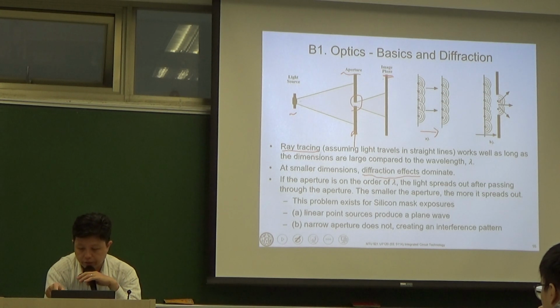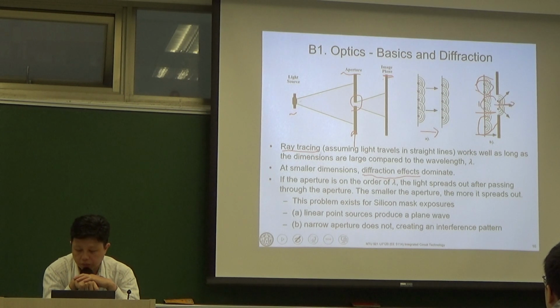But once you have an aperture like here, then some of these point sources are blocked, and of course only the point sources that can penetrate through these apertures let the light through.